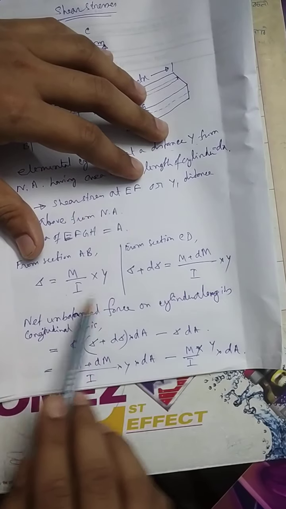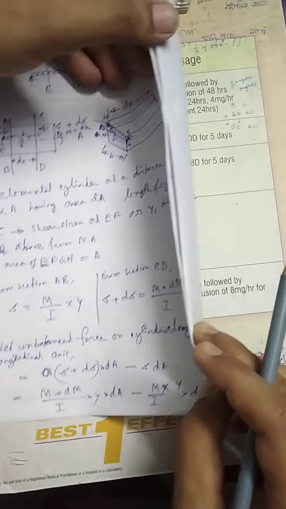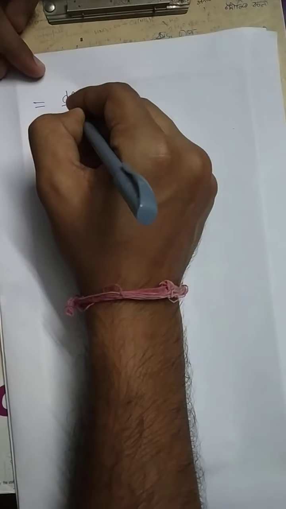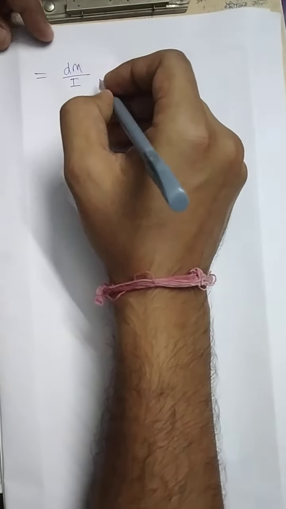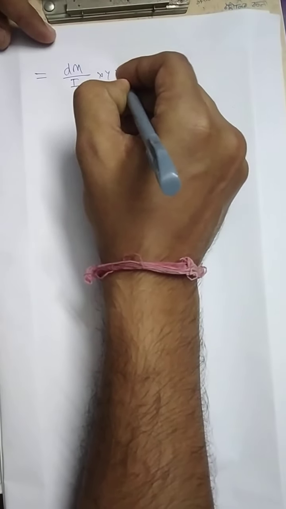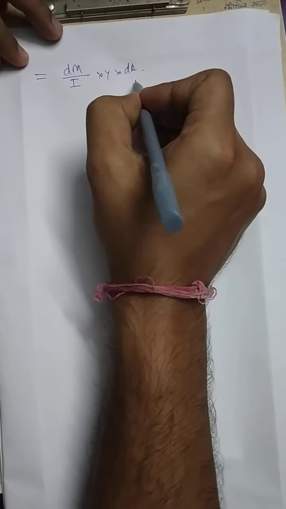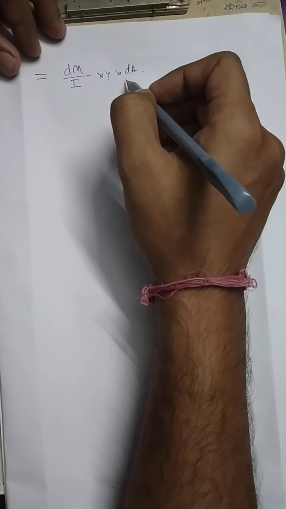Putting these values, we get net unbalanced force equal to dM by I into y into dA. This expression of net unbalanced force is only for the cylinder.